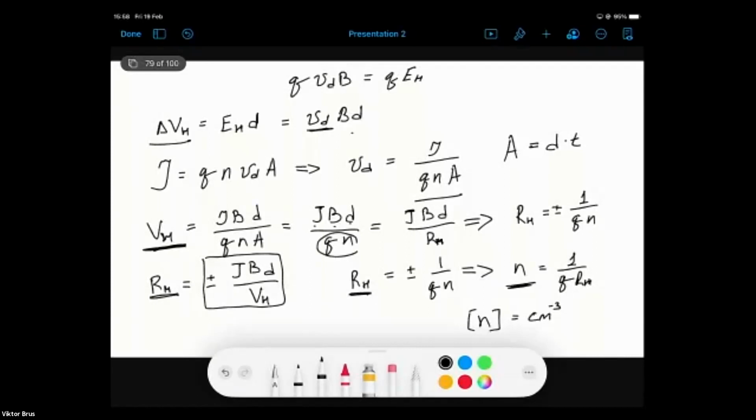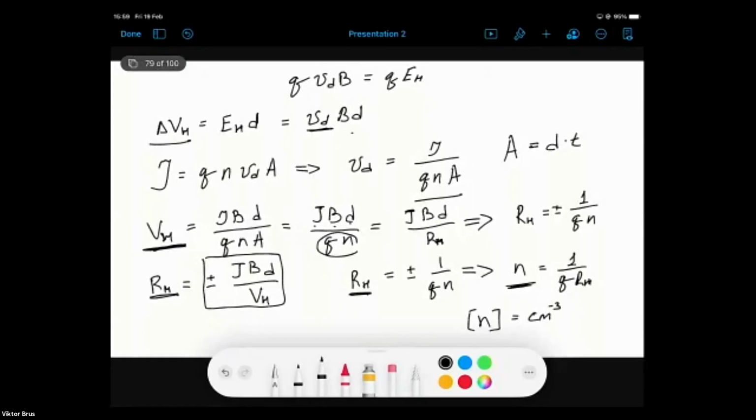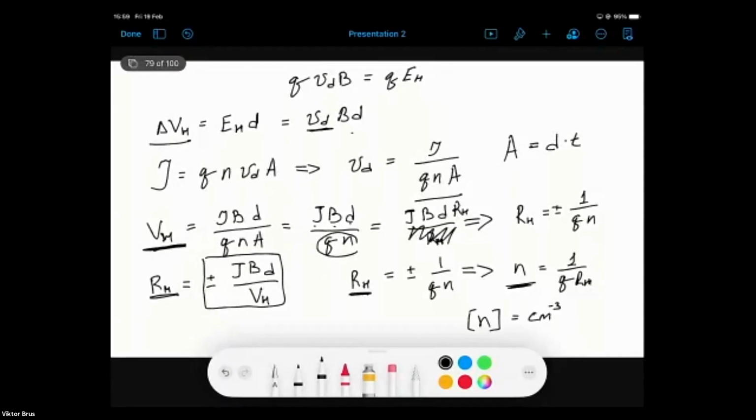And instead of this Qn, we replaced R_H. Yeah, you are right. So here it should not be in the denominator. It should be R_H, so we should have it in the numerator. And R_H is 1 over Qn. Thank you very much. I made a mistake here.